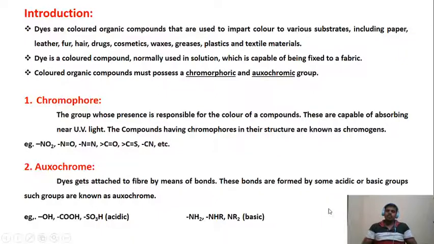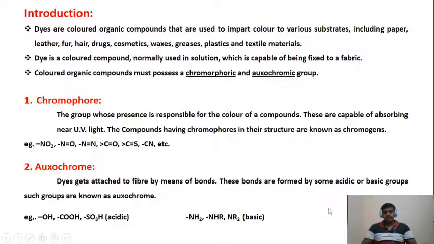Now we'll see oxochrome. What is oxochrome? Look what happens. Dyes get attached to the fiber. So some force of attraction must be there between the dye, that is the colored compound, and the material to which the dye is going to attach, that is the fiber of the cloth.